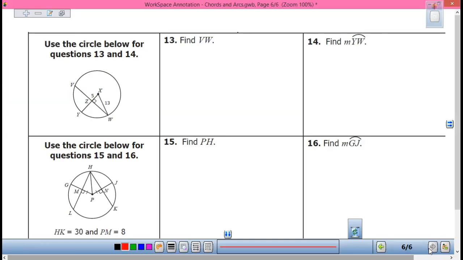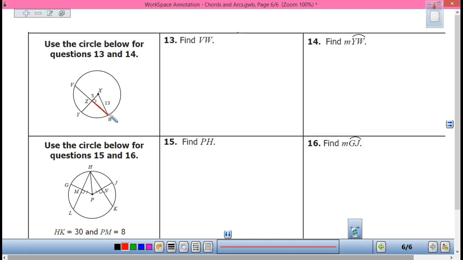All right, if we look at number 13, how? Oh, look at you guys remembering old Pythagoras, and that he's not going to go away this chapter either. But can I find VW right away? No, but I can find half of him, right?